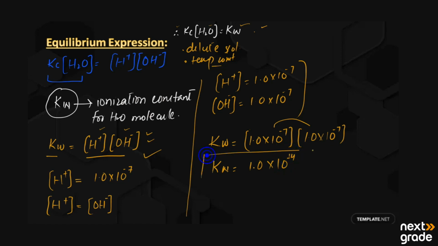So this is the proof, the main derivation that we have done. One molecule of water produces 10^-7 hydrogen ions and 1.0 × 10^-7 hydroxide ions, so the ionization constant value for water is 1.0 × 10^-14.